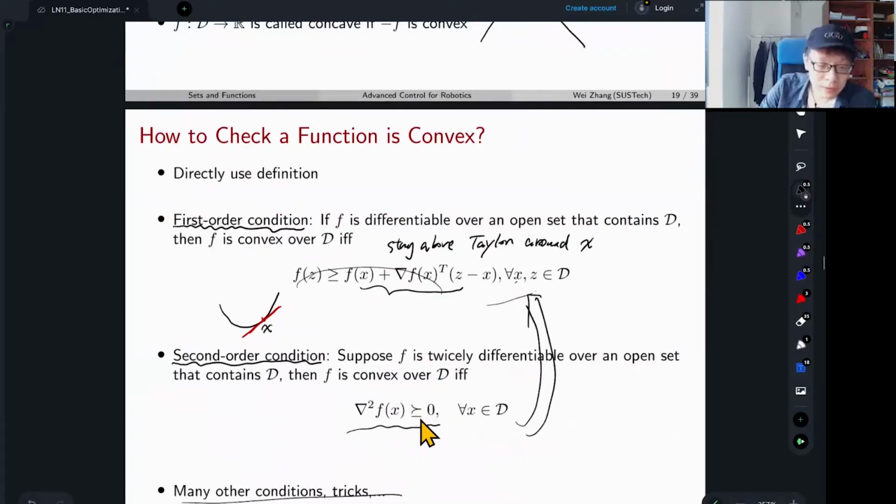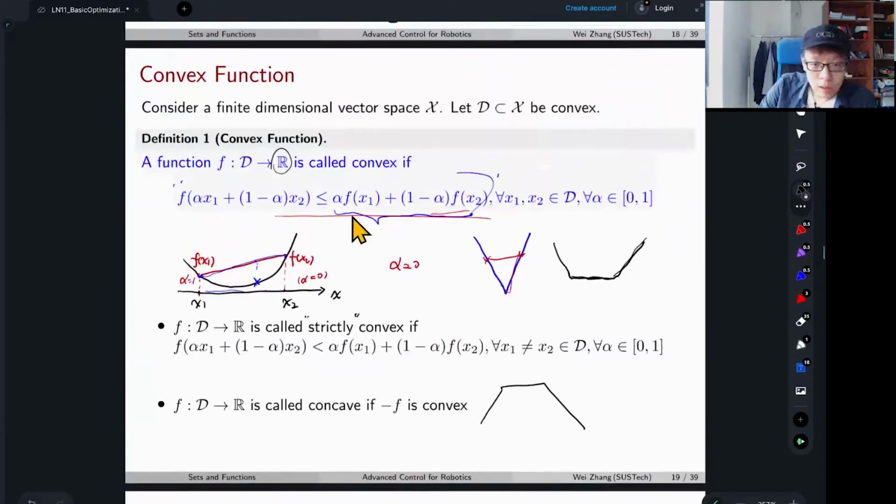If it's positive definite, it will be strictly convex. If it is not twice differentiable, then we can use the first order condition, which is this one. The function value stays above the Taylor expansion around x. Look at this figure. If it's not differentiable at all, you should use the original definition of convex functions.